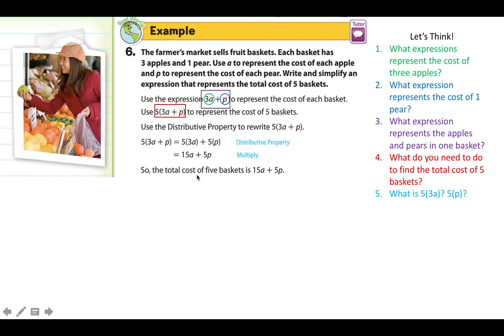So we're going to use the distributive property here. We've got a 5 sitting outside parentheses. That means we need to distribute. So we're going to multiply 5 times 3A and 5 times P. 5 times 3A is 15A, and 5 times P is 5P. So our simplified expression representing the total cost of 5 baskets is 15A plus 5P.